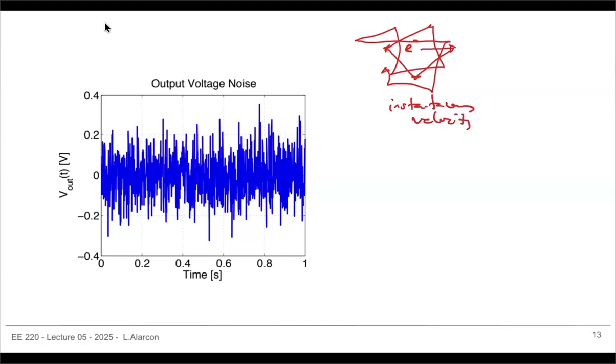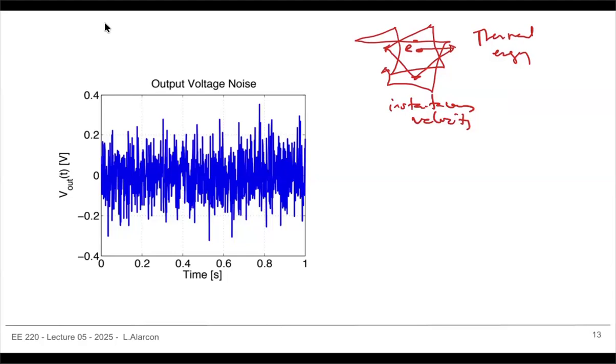Okay? And that depends on what? It turns out it depends on thermal energy. How much thermal energy your electrons have is how fast they're actually moving, but they're moving randomly. So the average velocity, or what they call the group velocity, is just 0, right? So on the average, the electron still stays there. That's the mean. But instantaneously, it actually moves around.